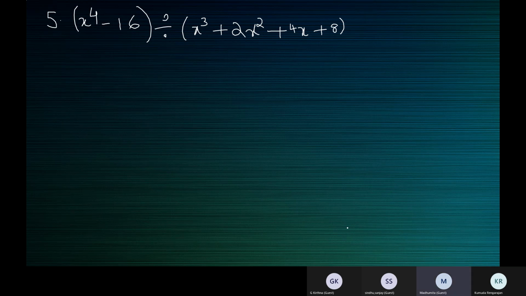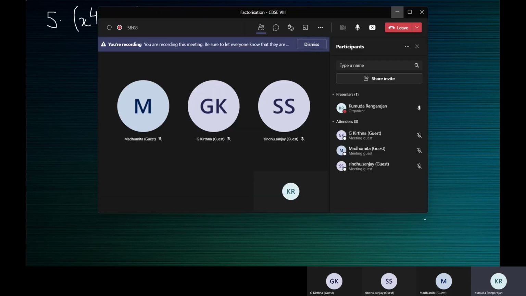Ma'am, I got the answer. Yes, but let me ask. Ma'am, I also got the answer as x minus 2, ma'am. Kirtana's there, Madhumita is there, Sanjay and Sindhu. Devadarshini left.